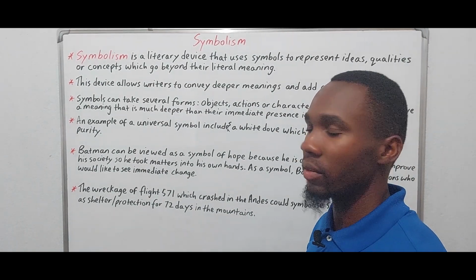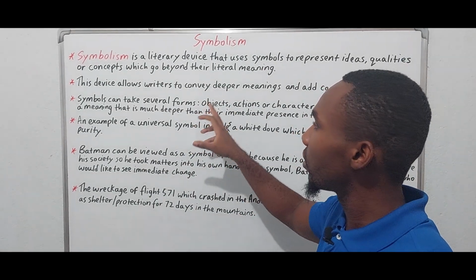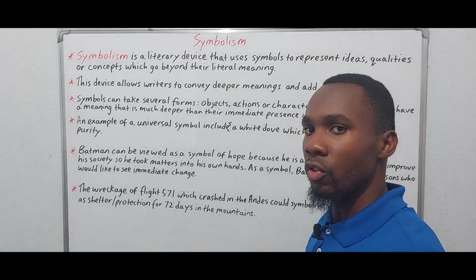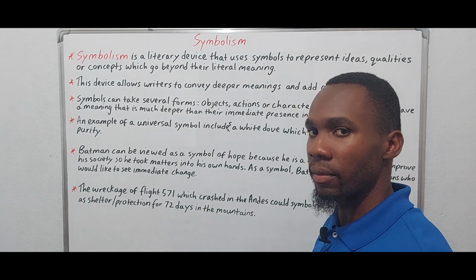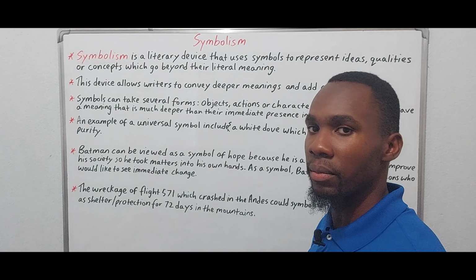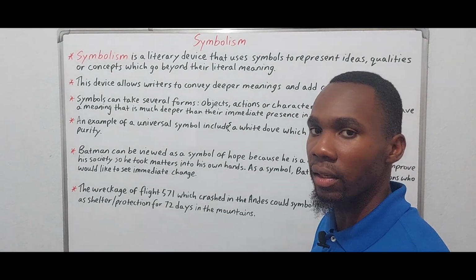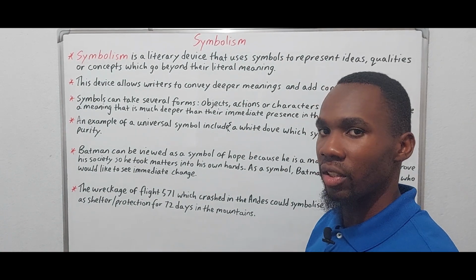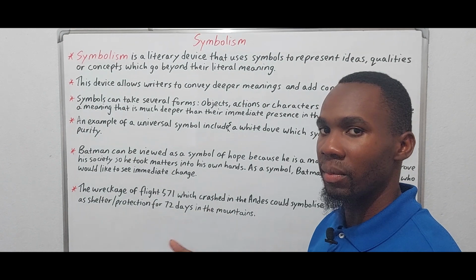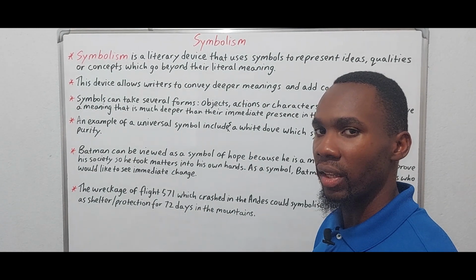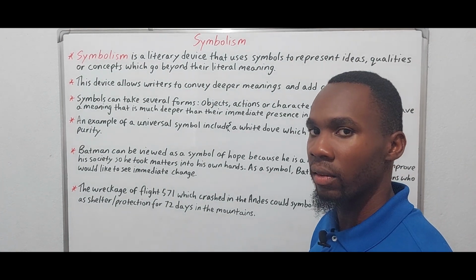Why do we use symbolism? It allows writers to convey deeper meanings and add complexity, right? So if we have a shirt, that's a thing. I mean, well, it's an item of clothing, but yeah, in essence, a thing. What is it? It is a shirt. But that shirt can actually represent something greater depending on how it is used within the story or within the context, right?